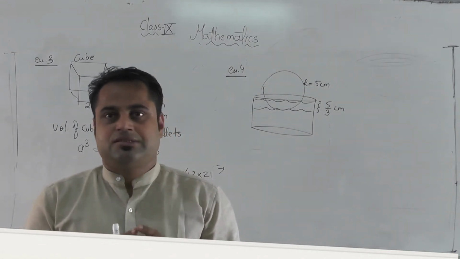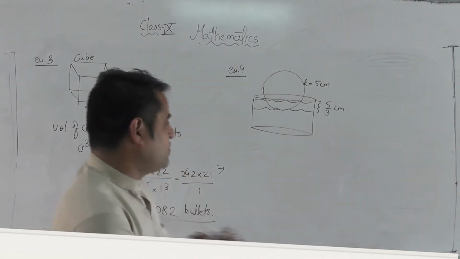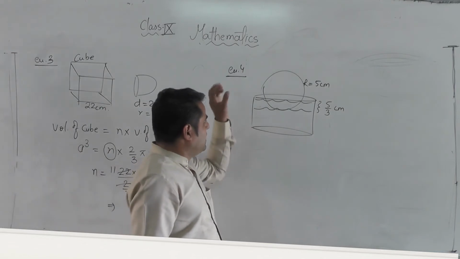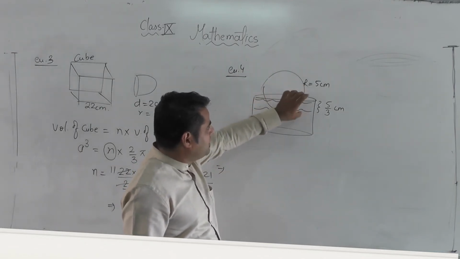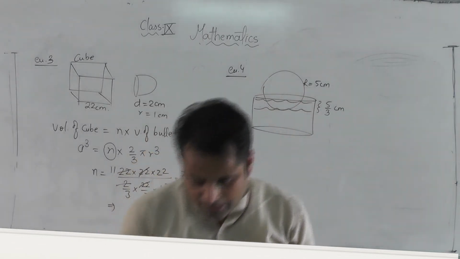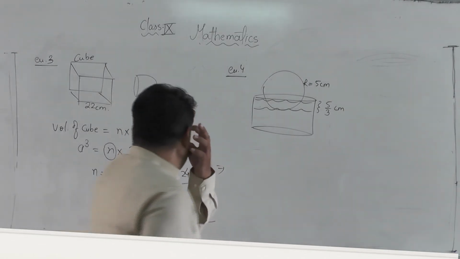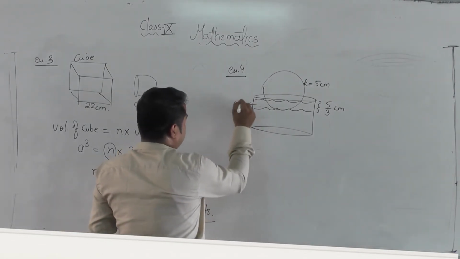Here one thing is not mentioned, but you have to assume it. The one thing which is not given is that the radius of the sphere is equivalent to the radius of the cylinder. What we need to find out actually, assume we have a radius of this cylinder as r centimeter.